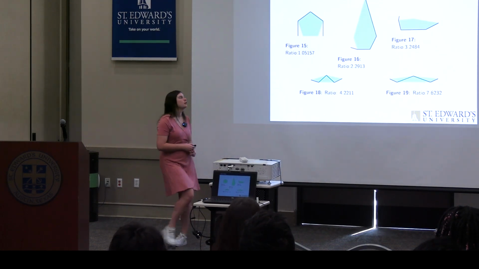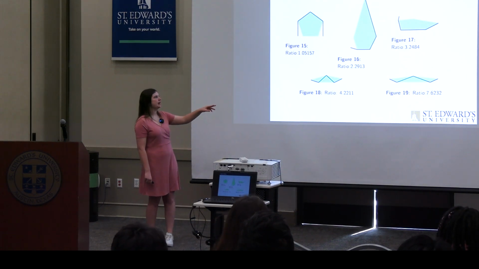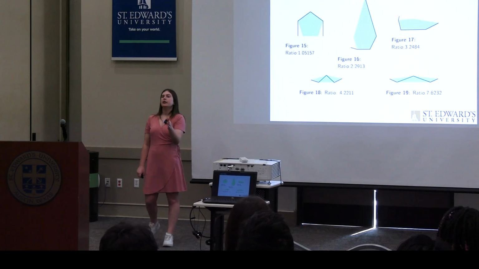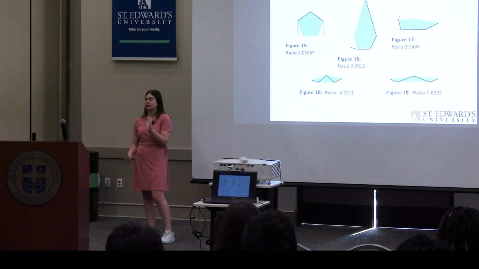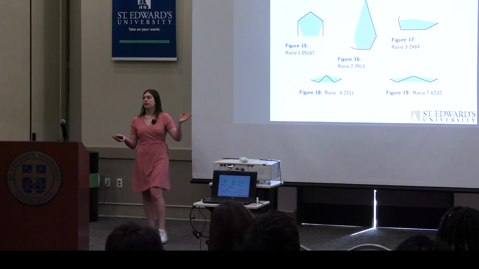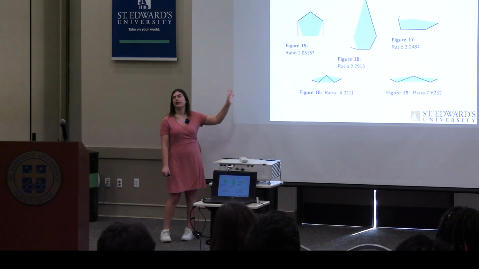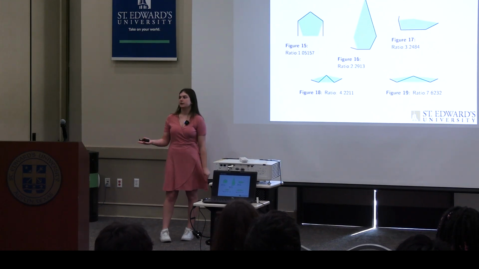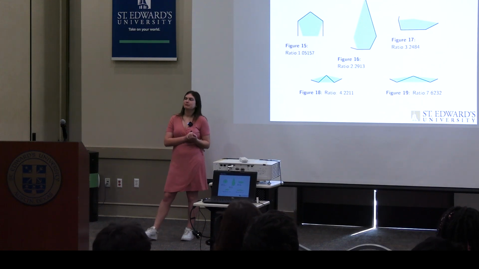Right, so if I found a number, let's say it was 3.5, then for any pentagon, if I took the major and minor diameter, had that ratio, and it's greater than 3.5, then I'm going to know the best arc barrier is going to be inside. If it's less than 3.5, I'm going to know it's going to be outside without actually having to find those barriers, if that makes sense.